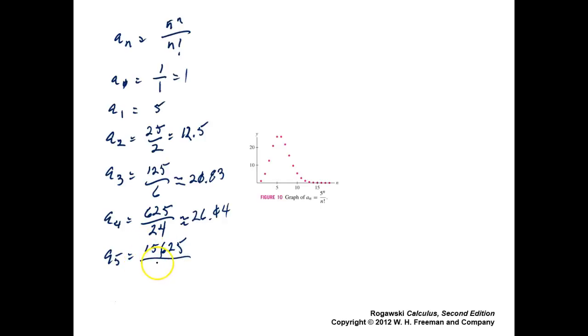Divided by 120, I believe it is. And that's another 26.04, something like that. We're doing, it's not really an example, it's underneath example 9, very bottom of page 517.